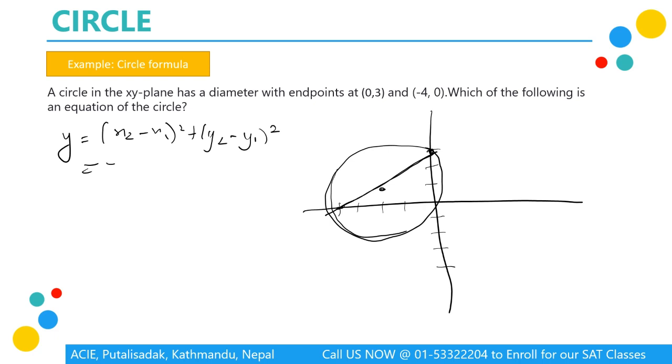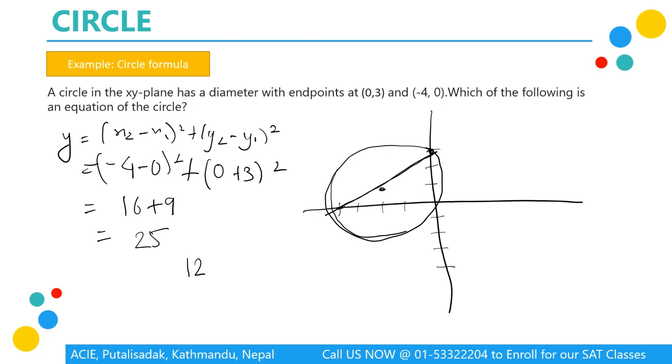So (minus 4 minus 0) whole squared plus (0 minus 3) whole squared gives us 16 plus 9. Therefore, the diameter is 25, not the radius but the diameter. So the radius is going to be 12.5.